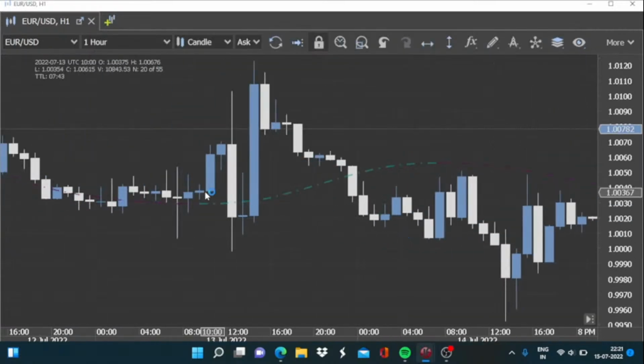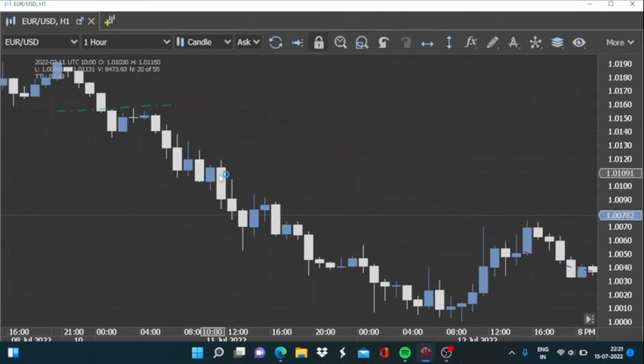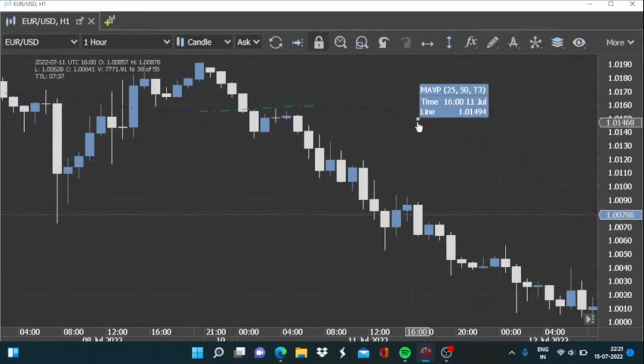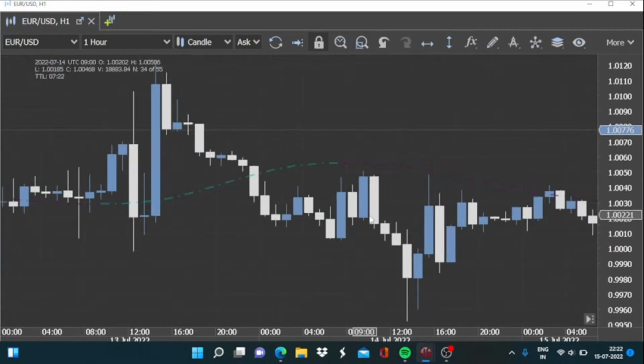So now the chart has a MAVP which is a lot more transparent. You will find it quite difficult to spot, but whenever you take the cursor there, you will see its immediate output value. So whenever you want to read the data, it's not really difficult, even if it is a lot fainter compared to its earlier version.